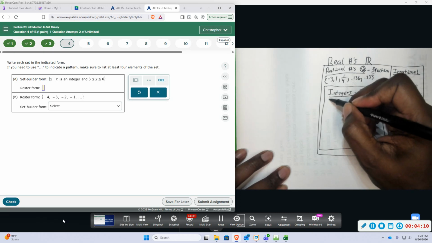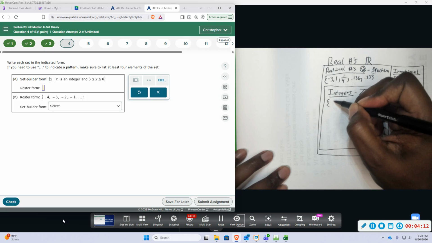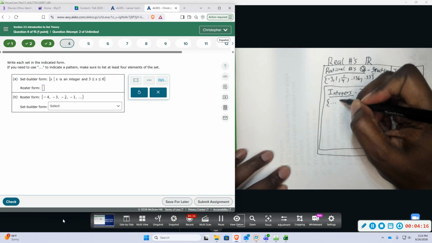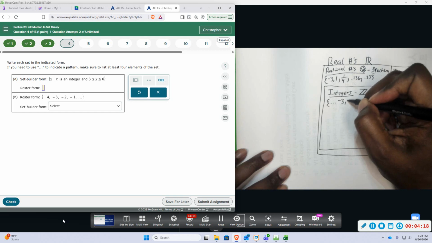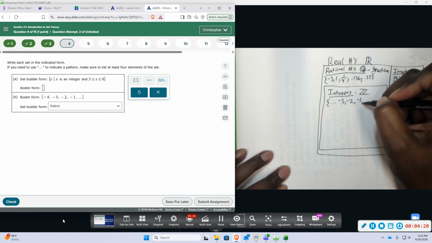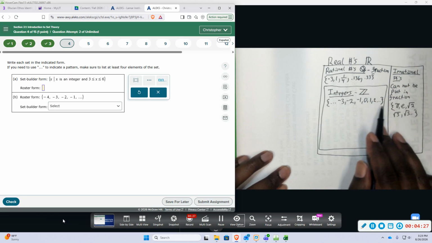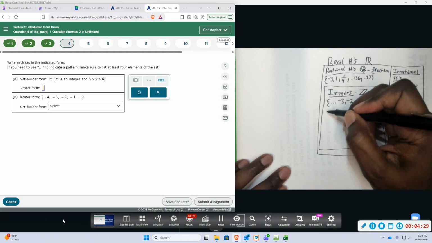Integers are negative and positive whole numbers. So dot, dot, dot, that's that ellipsis form I was talking about. And then we do -3, -2, -1, 0, 1, 2, dot, dot, dot. So all the whole numbers, negative and positive.